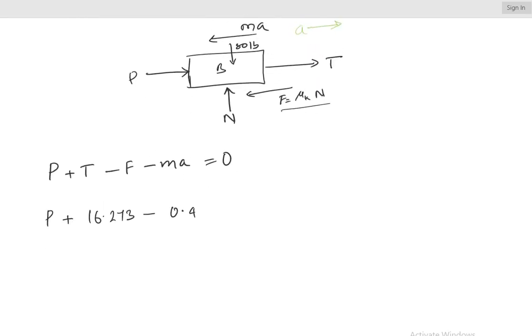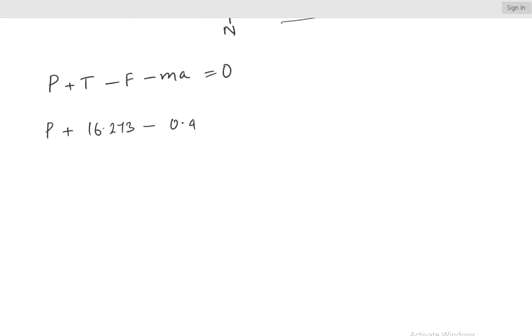So N is equal to 80. So 0.4 times 80, and then MA, we're going to write that as minus mass, 80 divided by 32.2, times acceleration, which is 6.